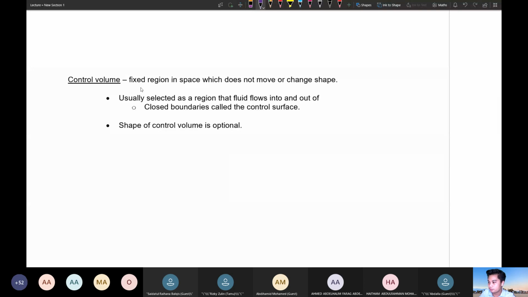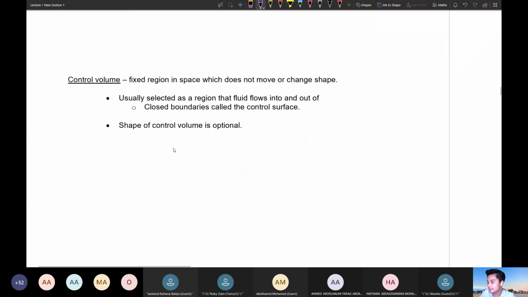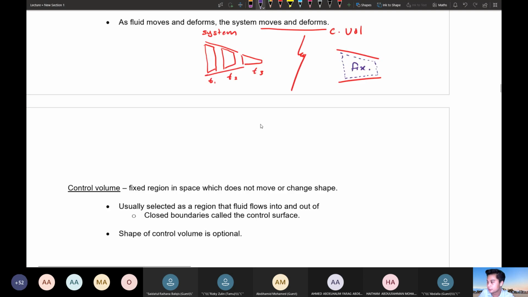So the control volume, as I mentioned before, is the fixed region in space. You can see this is the fixed region in space, which doesn't move or change shape. Okay, it is usually selected as the region that fluid flows into and out of the system. So the closed boundary is called the control surface.